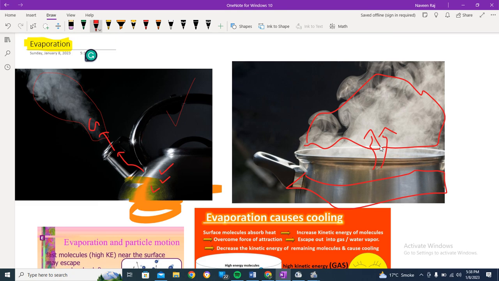Why this cooling effect? Because the particles on the surface are so energized that they are being released into the atmosphere. So how do they get energized? Because they are absorbing the heat energy that is being supplied from the stove or gas stove. That is how they absorb energy, and they are doing a cooling process, because when these particles get released, heat is released.